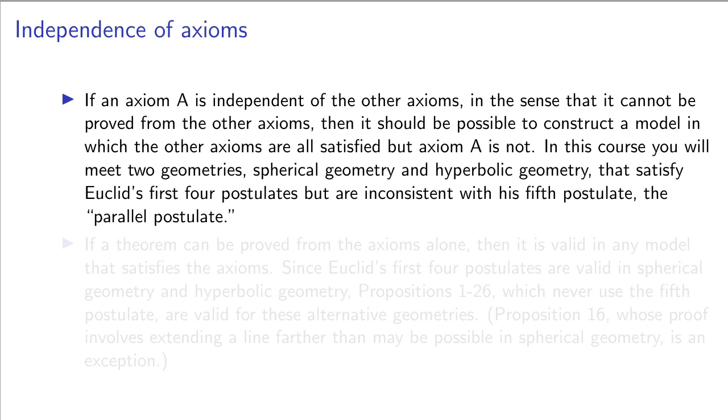And in this course, you're going to meet two geometries, spherical geometry and hyperbolic geometry, in which Euclid's first 4 postulates are satisfied, but the 5th postulate is not satisfied. And this is how mathematicians finally concluded that the 5th postulate could not be proved as a theorem.